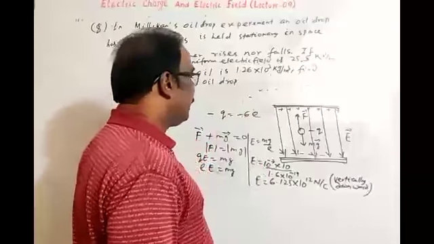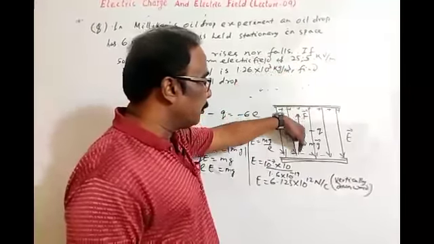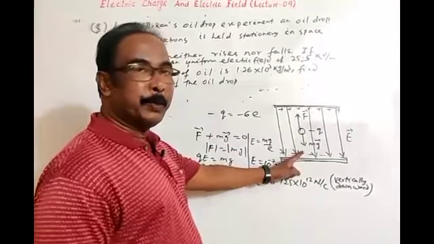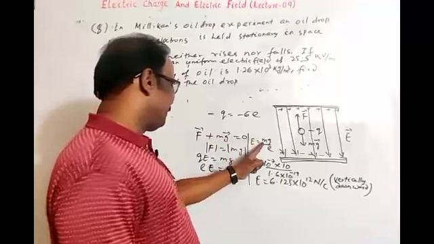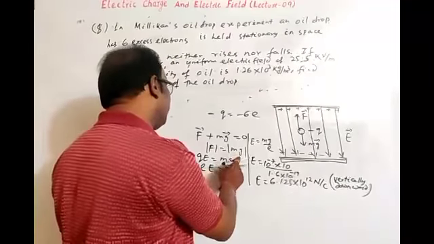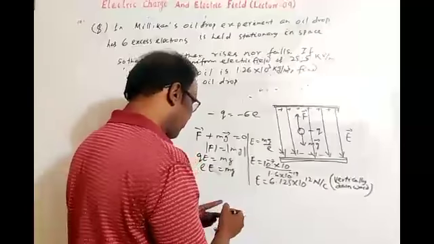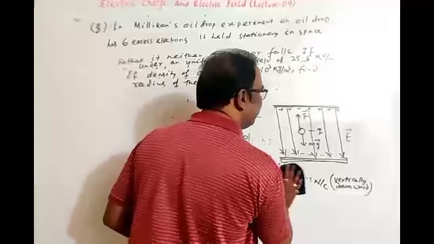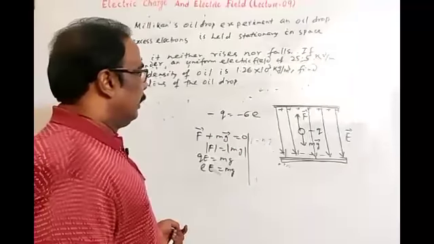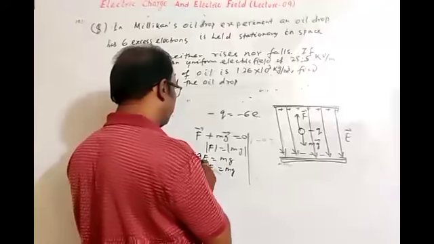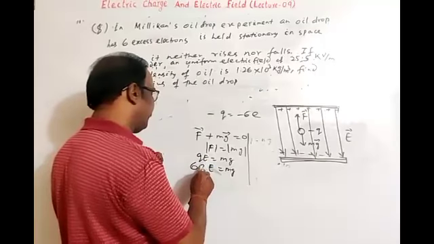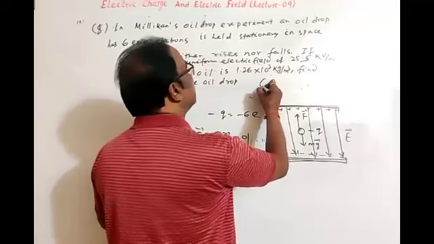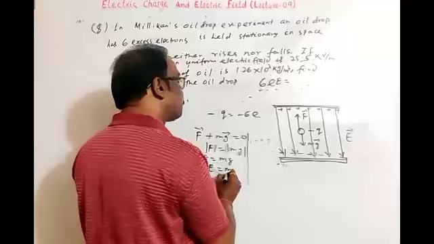Mass is not given. Again, the same concept: direction of electric field should be vertically downward, and force due to electric field must balance the weight of the oil drop. Then force plus mg is equal to 0, so force is equal to mg, QE is equal to mg. Here total charge Q is equal to 6e, then 6e into E is equal to the mass of the oil drop times g.